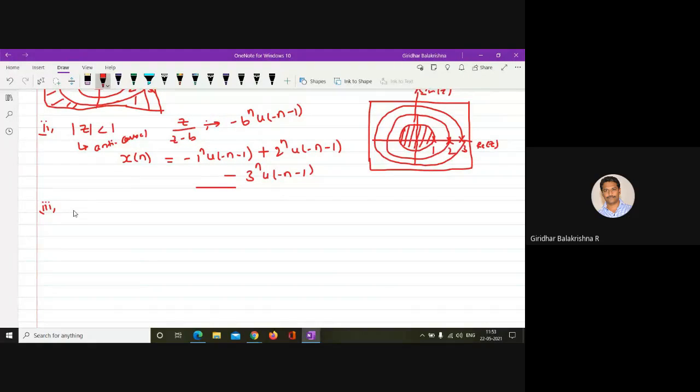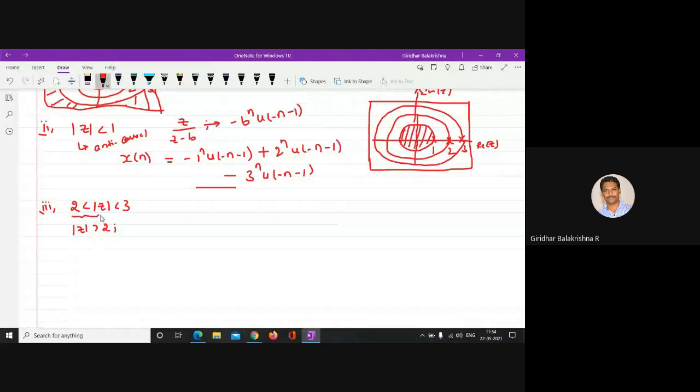Next, what is the third case? What is case 3? Mod z lies between 2 to 3. So 2 is less than mod z, that means mod z is greater than 2.